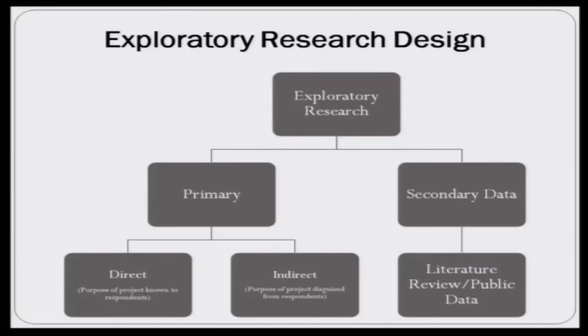Going into exploratory research design, the exploratory research can be divided into two types, secondary and primary. The secondary data could come from the literature review, publicly available data from the government, or probably from private consulting firms. It is very important that you first look into the existing literature regarding the issues you are dealing with.